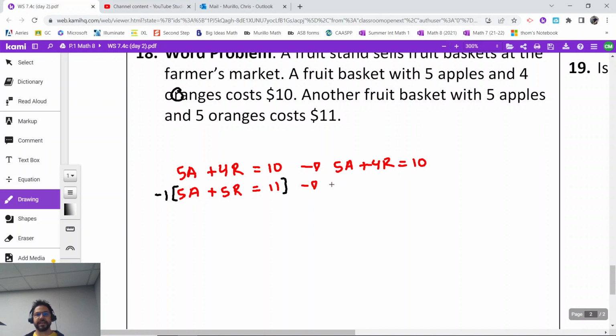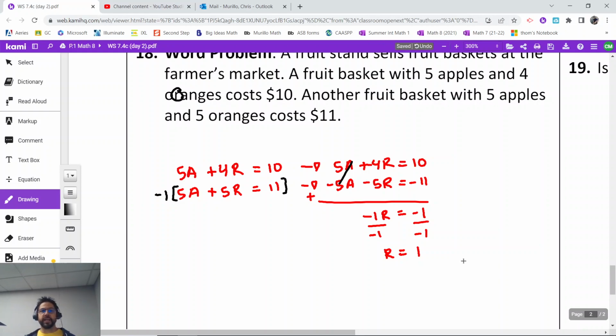And then I have a -5A, a -5R equals -11. So the apples eliminate. The oranges, -1R is equal to -1. So if I divide by -1, then that means an orange is $1.